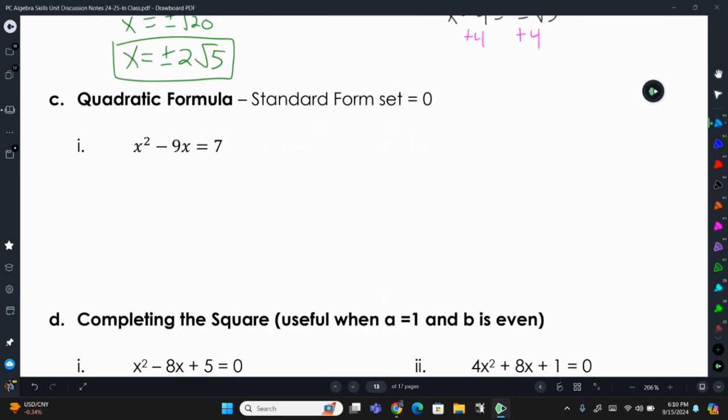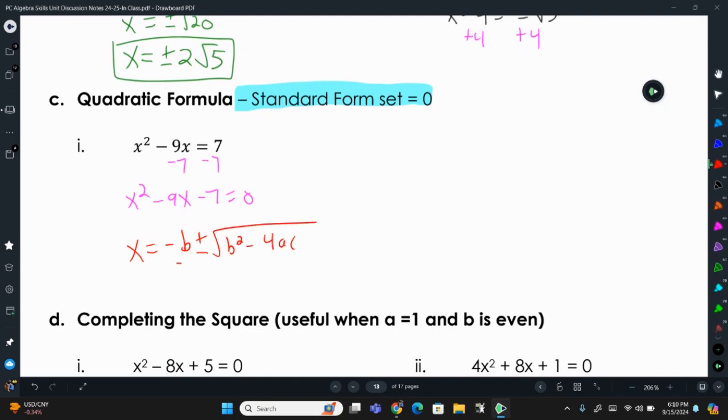Quadratic formula, well, you have to make sure this is set equal to 0. And then you have to use the quadratic formula, which I'll write down in a minute. Whenever it equals 0, you should check to see if you can factor. We can't factor this, so we have to use the quadratic formula, which is x equals negative b plus or minus the square root of b squared minus 4ac all over 2a.